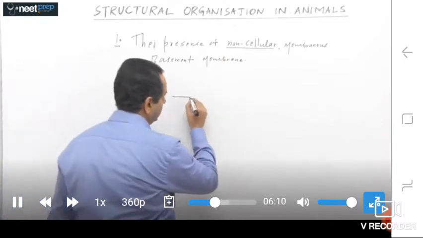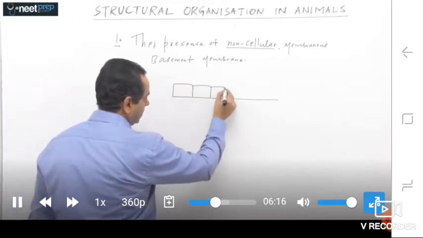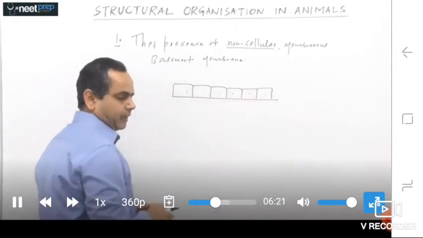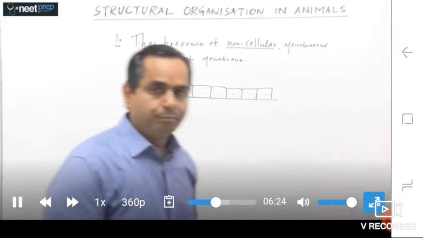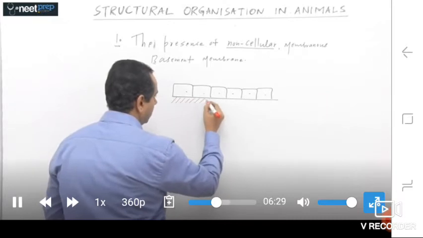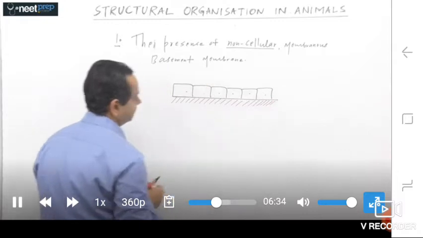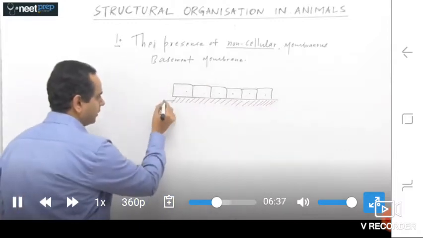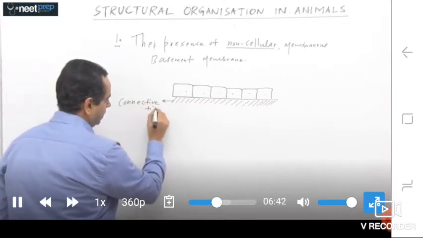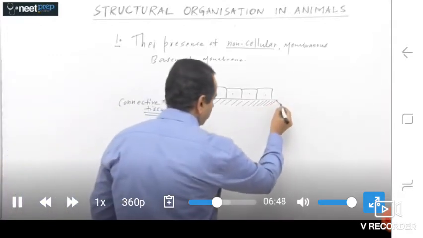Suppose this is the basement membrane, and above the basement membrane these are the cells. And remember, below the basement membrane is the underlying connective tissue.